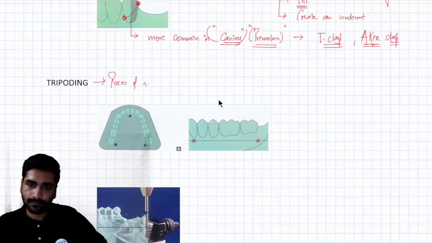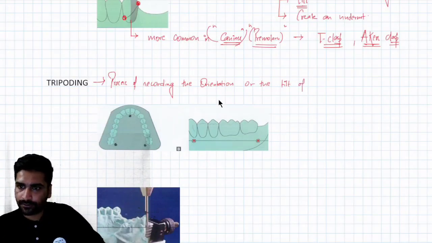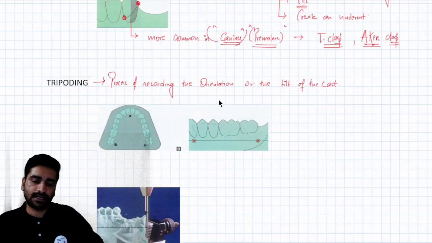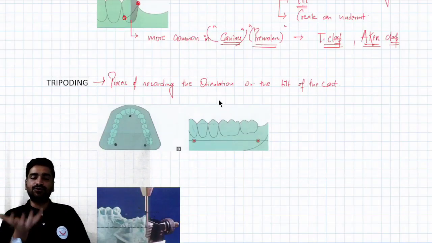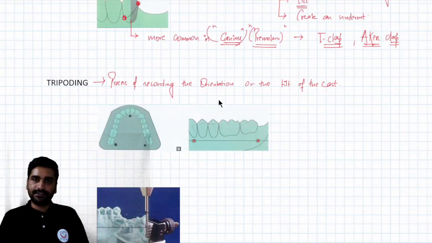So it is a process of recording the orientation or the tilt of the cast. Okay, tilt of the cast. So in short, once you do the surveying of your diagnostic cast, after that what you do is you do tripoding.